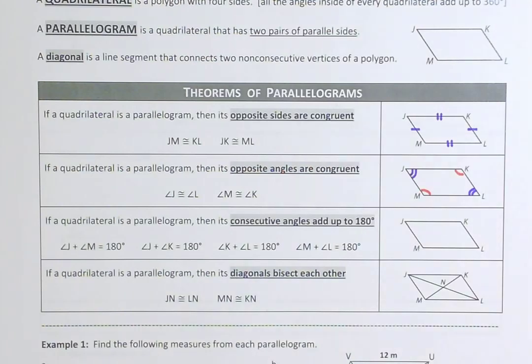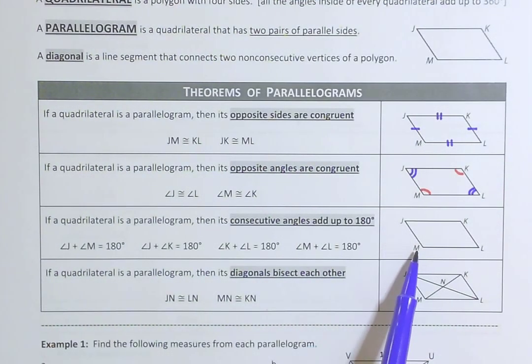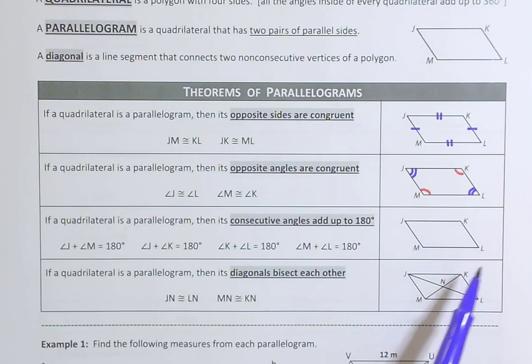Consecutive angles are angles next to each other. So angles J and M, angles J and K, angles K and L, angles L and M. If they're next to each other in the parallelogram, they're consecutive, and as I said, they add up to 180 degrees.